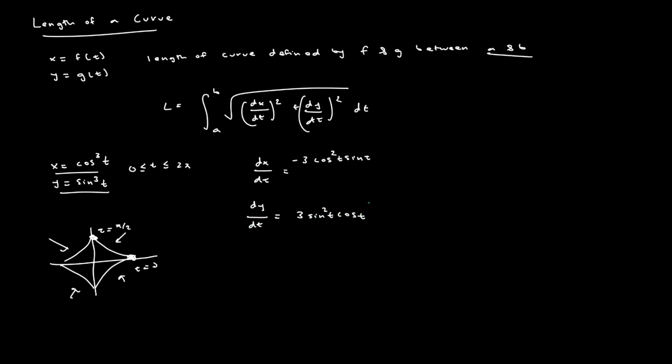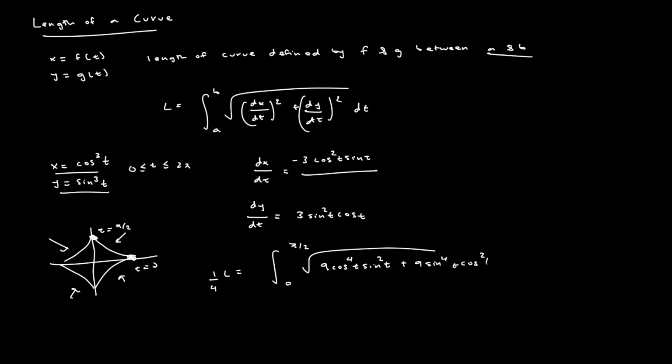Essentially what we're finding is the integral. So 1/4 of the length is equal to the integral from 0 to pi over 2 of the square root of 9 cosine to the power 4 t sine squared t plus 9 sine to the power 4 t cosine squared t.